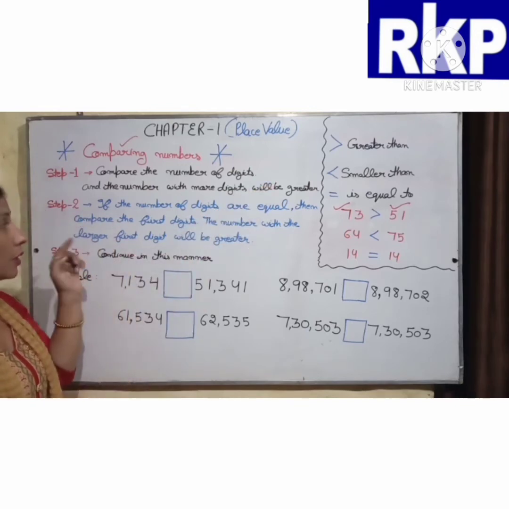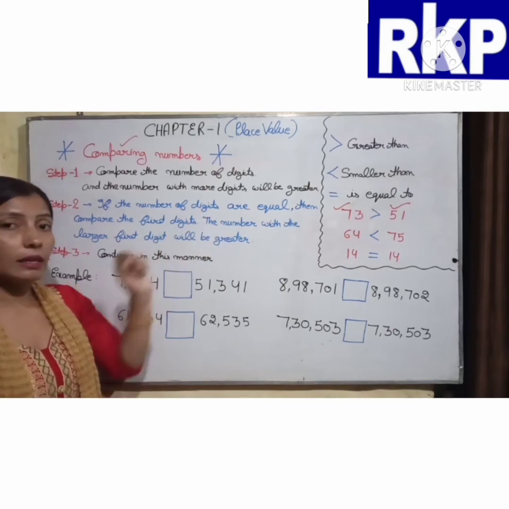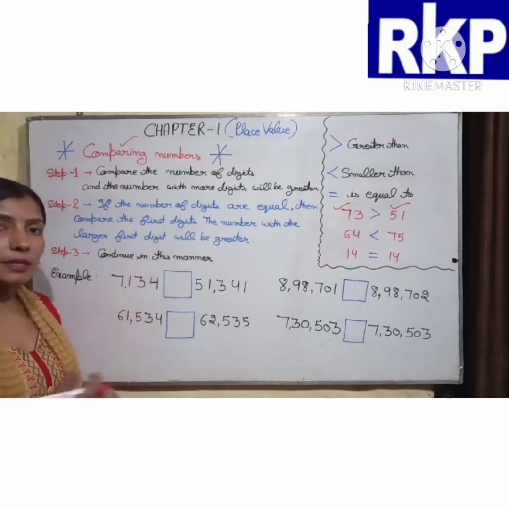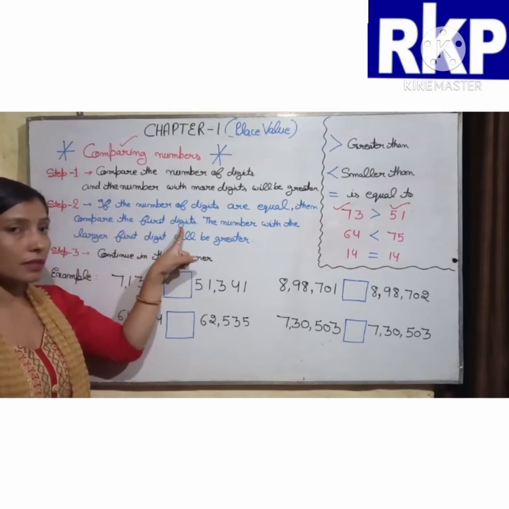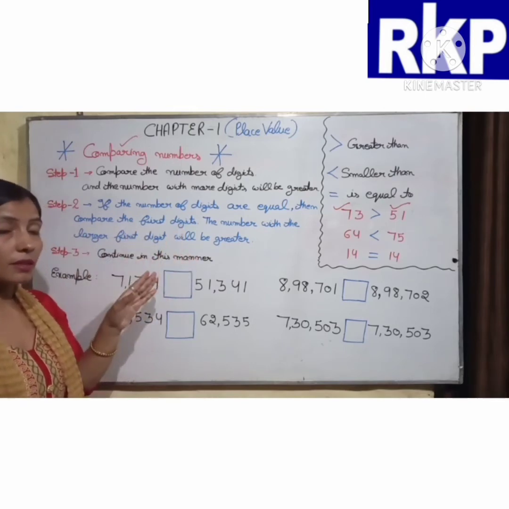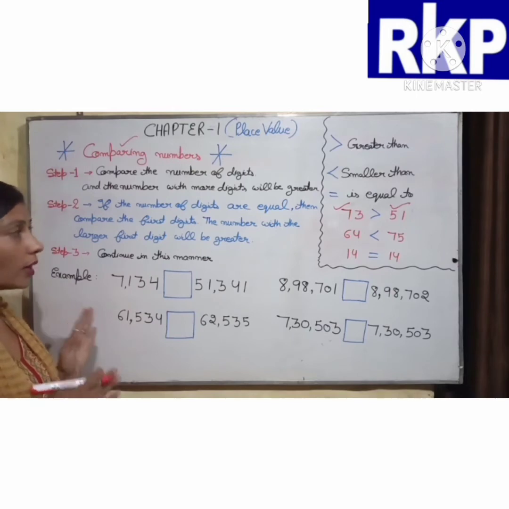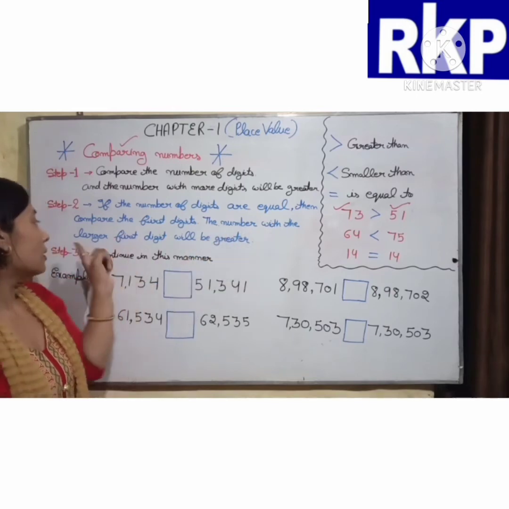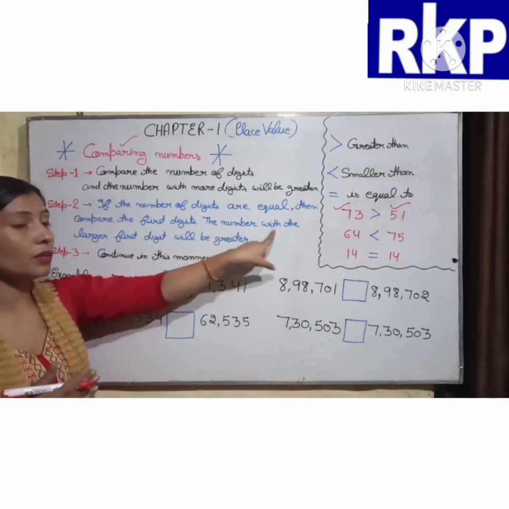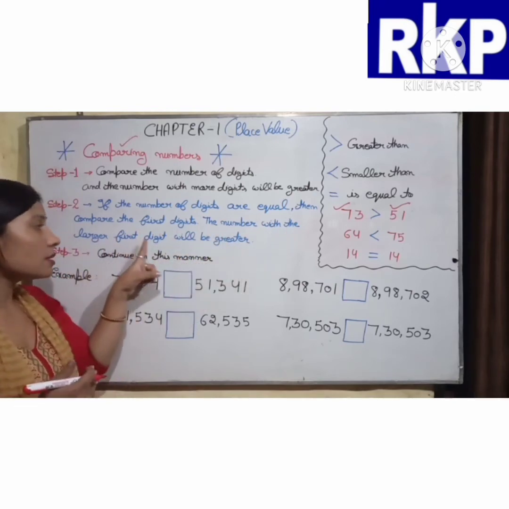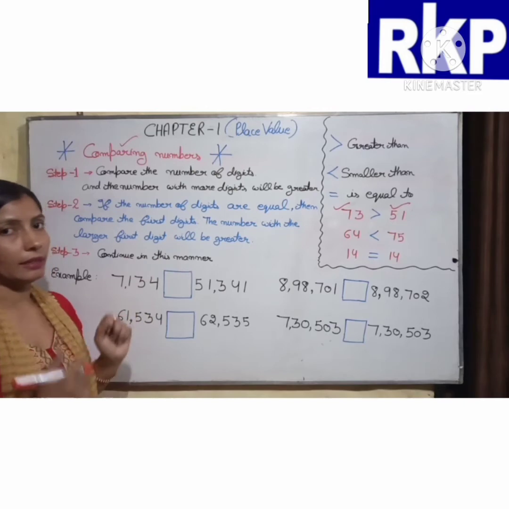Step 2. If the number of digits are equal, then compare the first digit from left side. The number with the larger first digit will be greater.